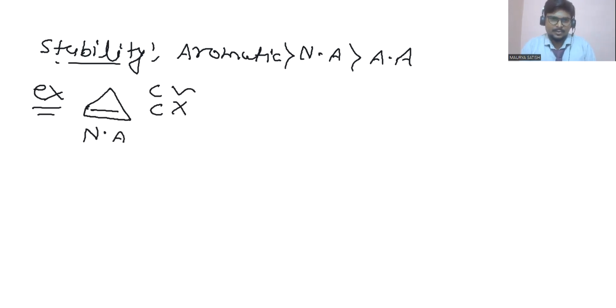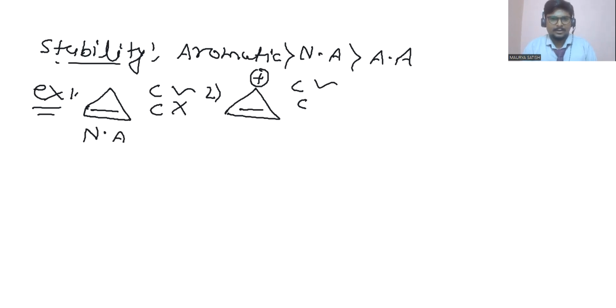Then move to the next example, where a pi bond and positive charge are there. This one is the first example, and this one is the second. So if you check, yes, cyclic, this is a ring. Then conjugation, yes: pi, sigma, charge, sigma, pi. The whole ring satisfies the conjugation.